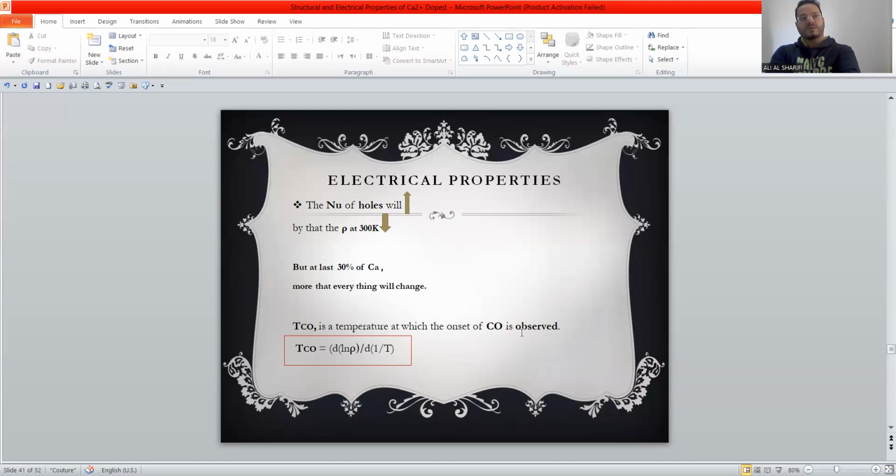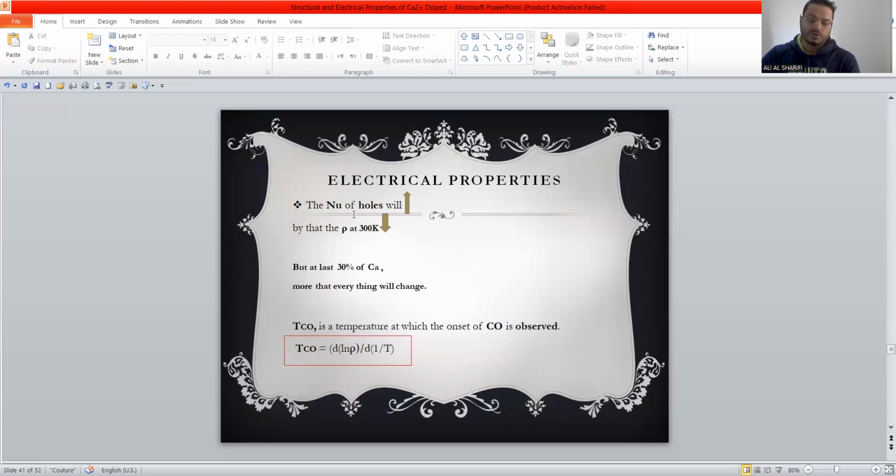That's related to the number of holes. When we increase the number of holes, that means the resistivity will decrease, resistance will decrease, and the conduction behavior will improve, better and better for our developed applications, laptops, and many industry fields.